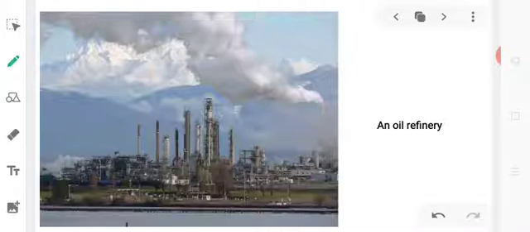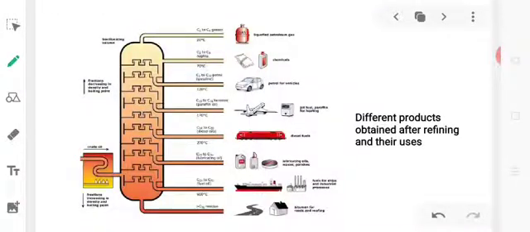The principle behind this refining technique is that the different components mixed in crude oil have a mild difference in boiling point. That property is utilized in the fractionating column, and in this manner we obtain several important products that are otherwise mixed up in crude oil. So this is the basic setup of a fractionating column, in which we eventually get several products.